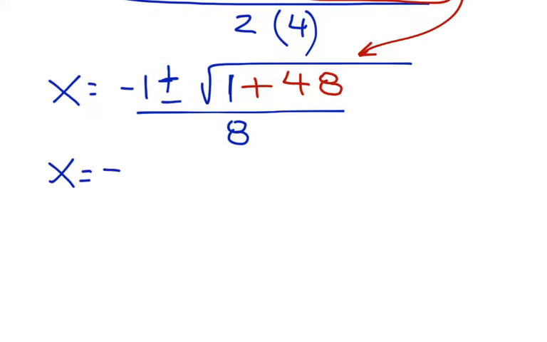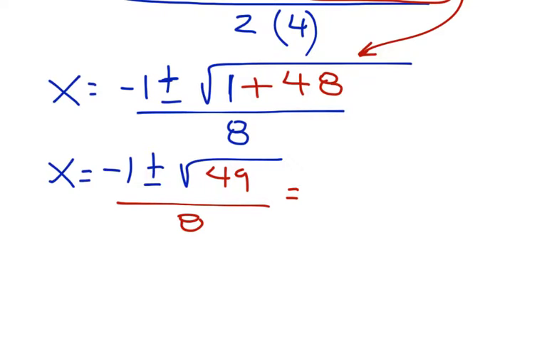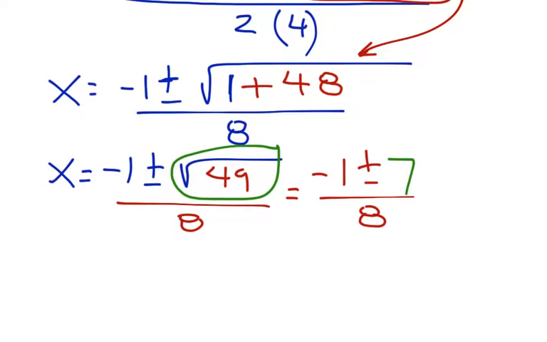Let's do one more step. So I have x equals -1 plus or minus, inside the radical, 1 plus 48 gives you 49, over 8. -1 plus or minus square root of 49 is equal to 7, all that divided by 8. Now remember, I have a plus and a minus.